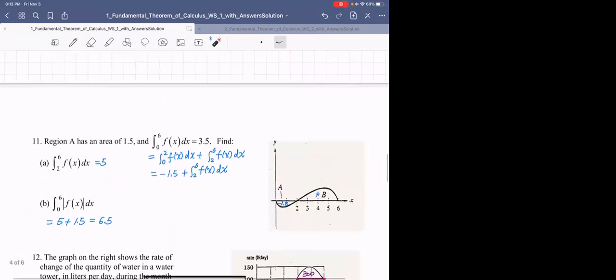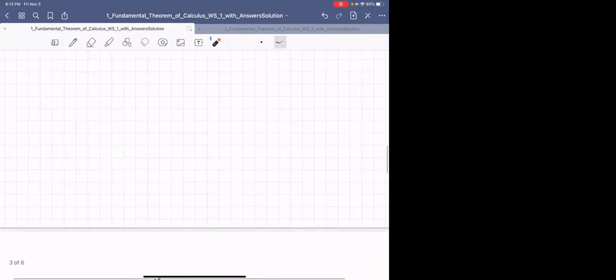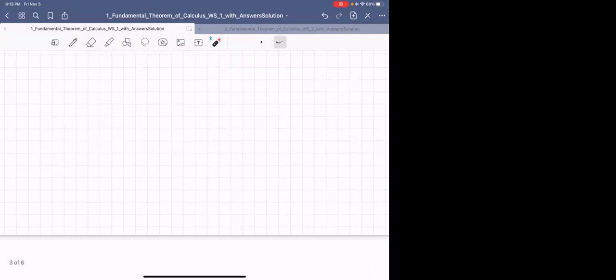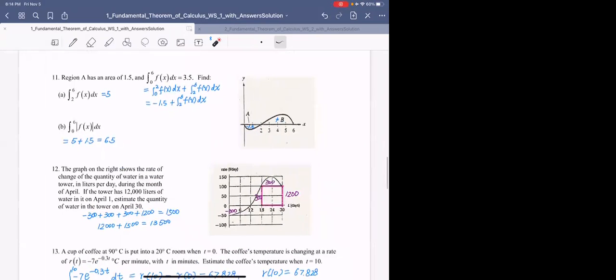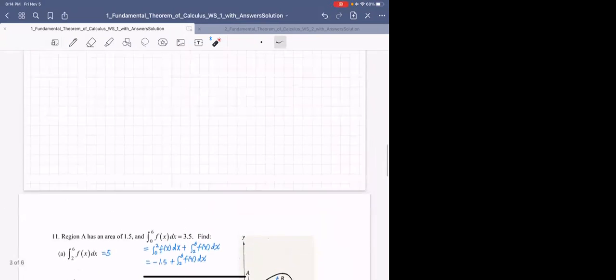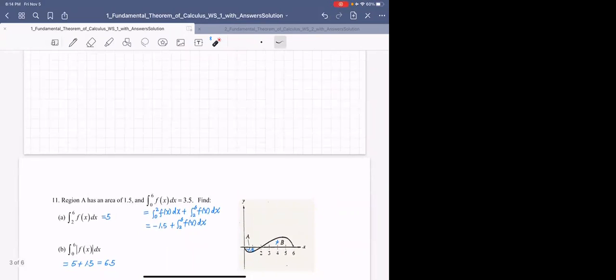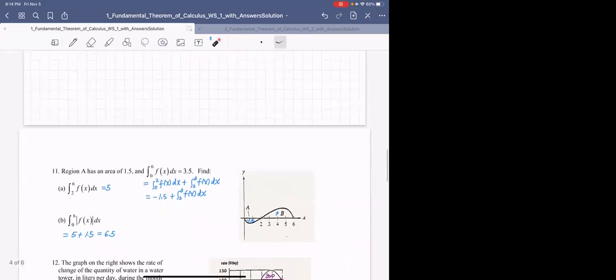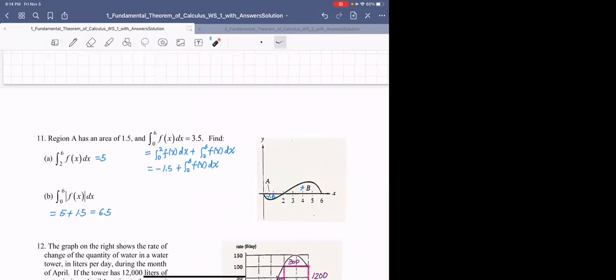We will revisit those particle motion problems in the integral part again. At that time, the typical mistake students make is that sometimes they ask you for the position. For the position, you do the integral directly. But for the total distance, you have to be very careful. You have to put the absolute value.